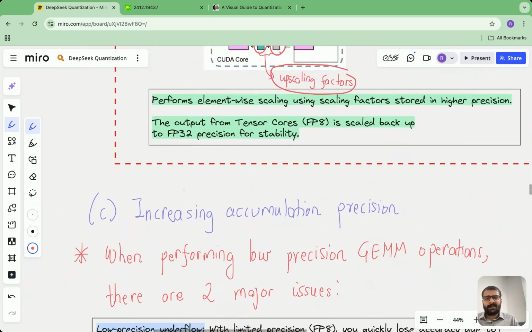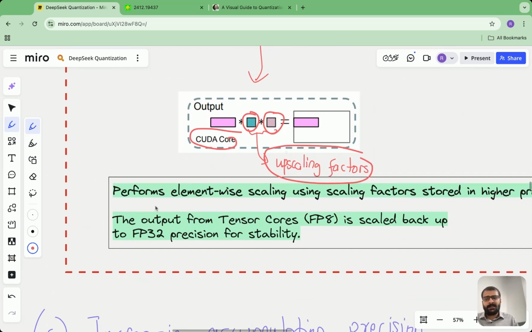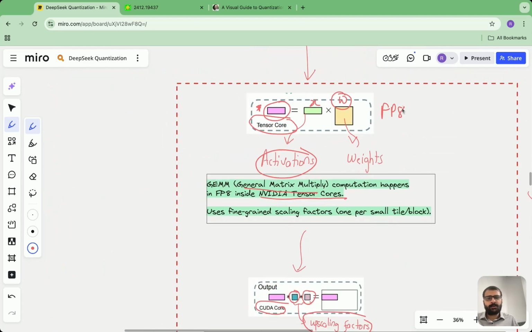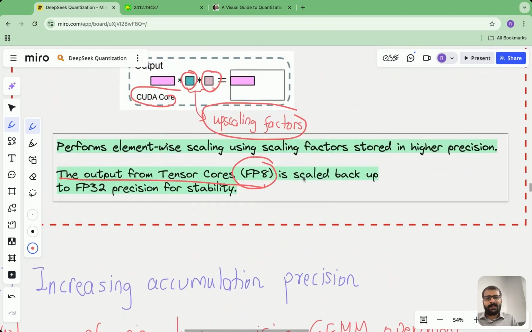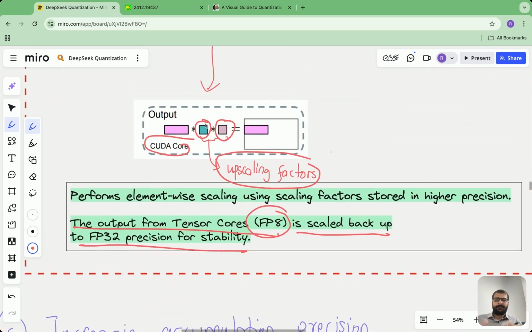So this second schematic is where the output is stored on the CUDA core, where there are scaling factors. The output from the tensor cores, which is floating point 8, is scaled back up to floating point 32 for stability. So here element-wise scaling up or upscaling operation is performed on the CUDA core.